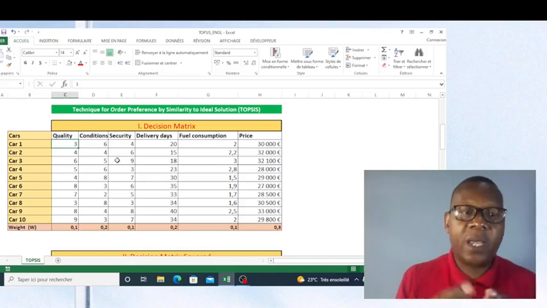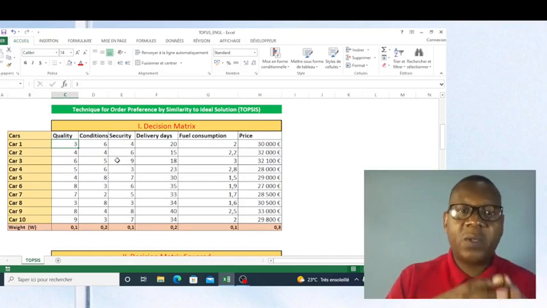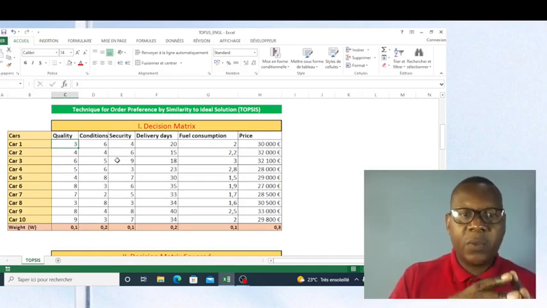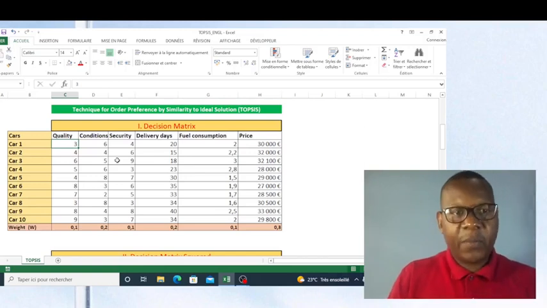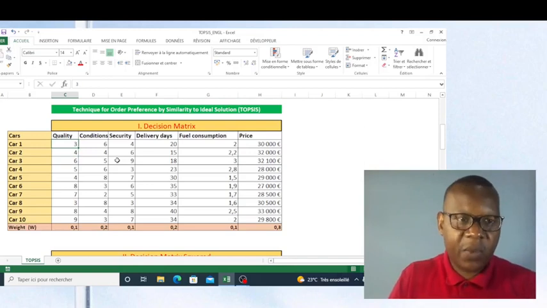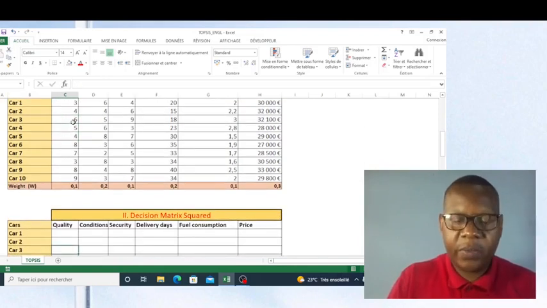That's why we need to make normalization. We have to normalize our decision matrix so as to have the same scale for our variables, which have different measures. Now, friends, let me show you how you can use this method.